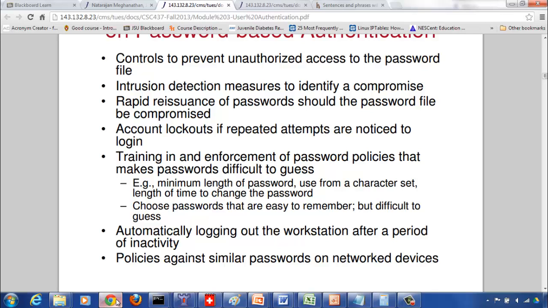Another countermeasure is to enforce users to choose passwords within a character set and long enough so that it's very difficult for someone to launch any attack. Also, if you are not actively using the machine after you logged into your account, for example, you guys do the registration in POS, but after a while, if you're not using it, the system should automatically log you out. Don't let you stay logged in. Okay, so these are some of the countermeasures.